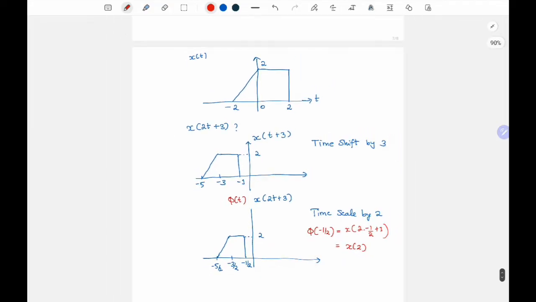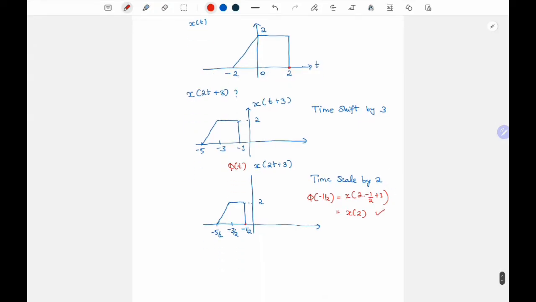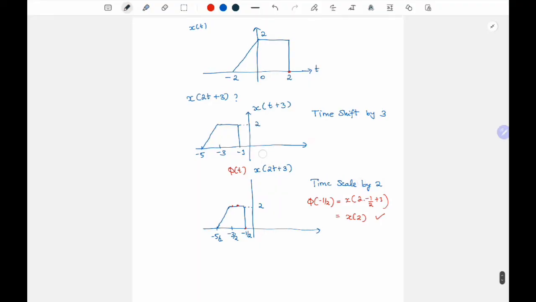Is that correct? So this point is synonymous with this point, which is correct, right? So you can cross check your answers this way also. You can pick any point and substitute it here and see if that same point corresponds to the signal we started with. Okay. So this is the first thing.